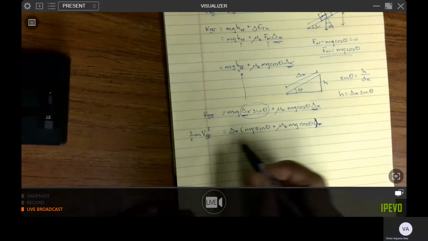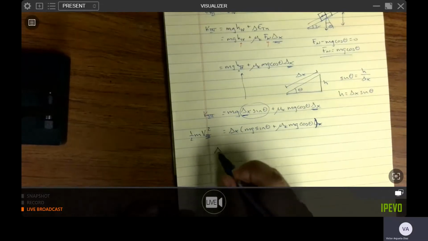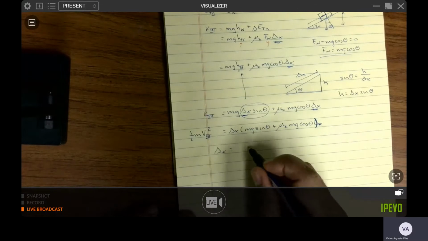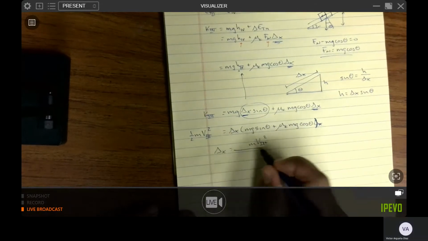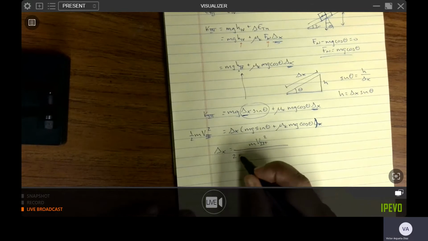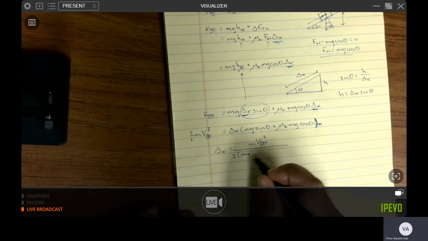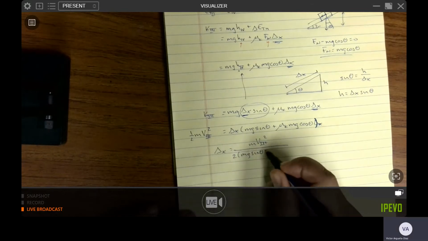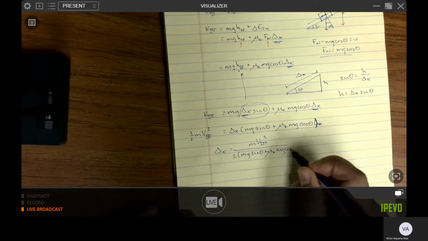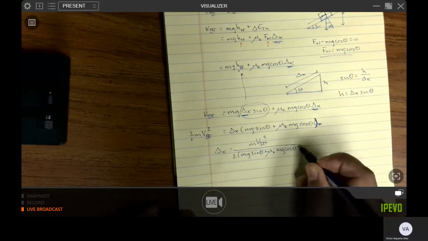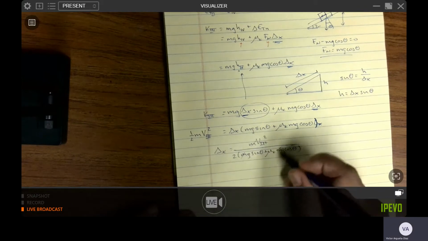Okay, so now I can solve for delta x. Delta x is going to be this huge expression, m v3 squared over 2 times mg sine of theta plus mu k mg cosine of theta. The mass is going to cancel.